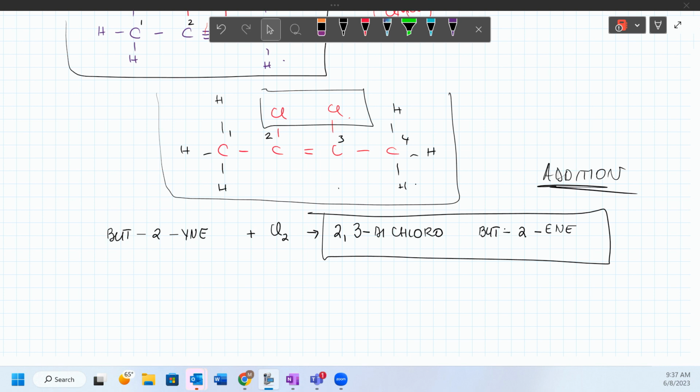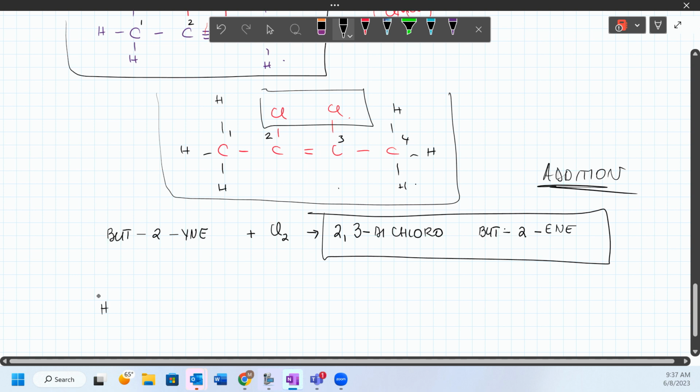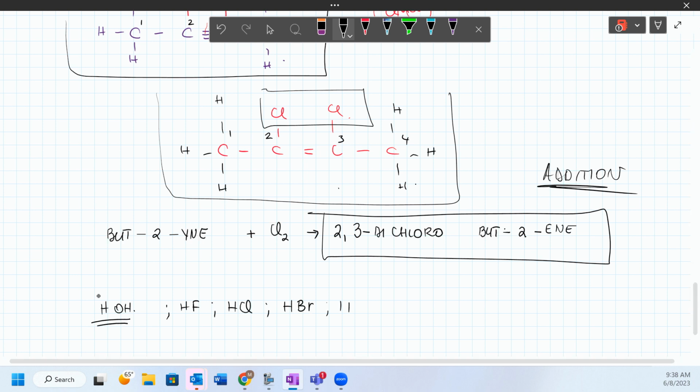So it is important for you to watch for isomers when we are dealing with the HOH, or HF, or HCl, or HBr, because they can be on 2 different places.